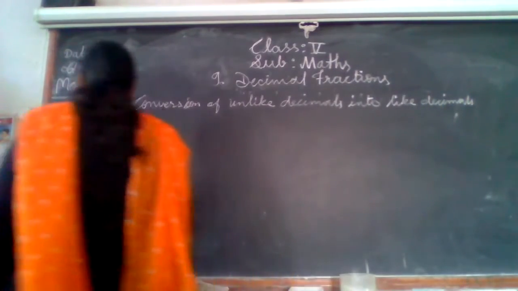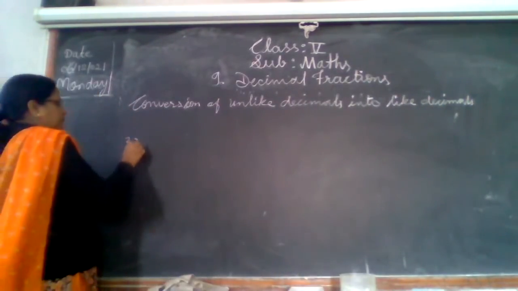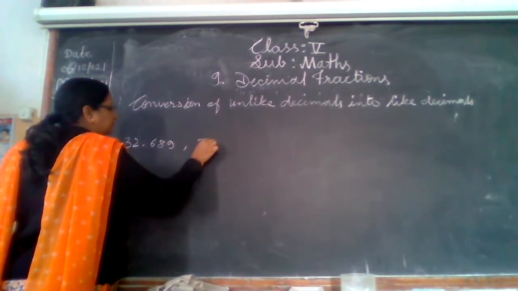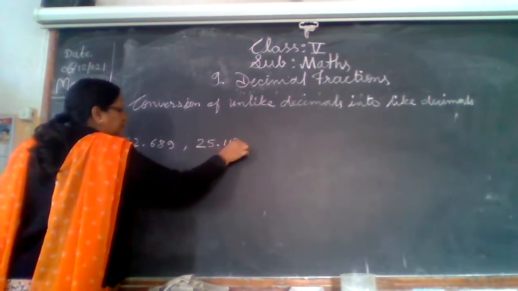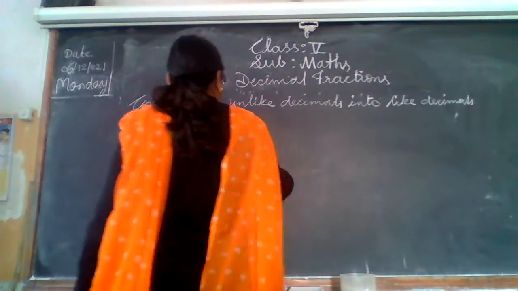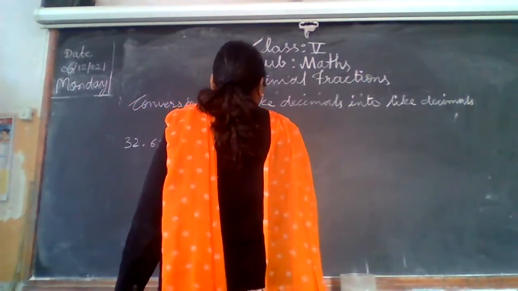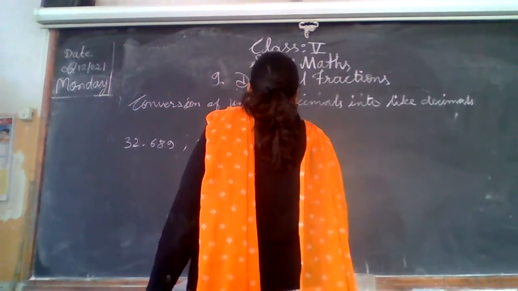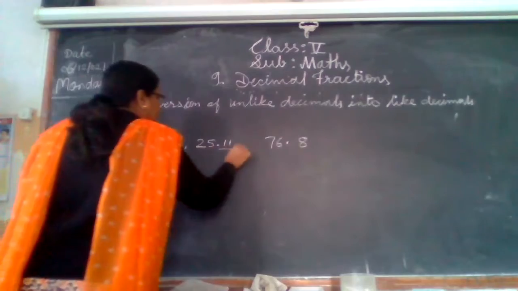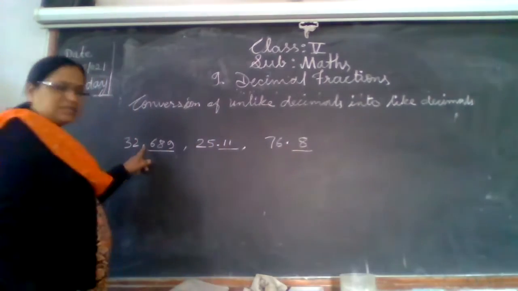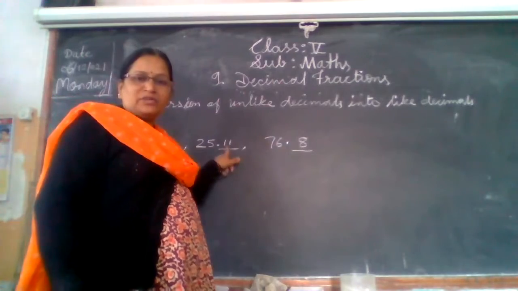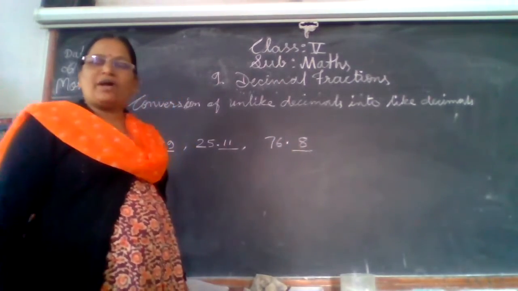See, beta, for example, now observe. This number is having 3 decimal places, it is having 2 and this number having 1.